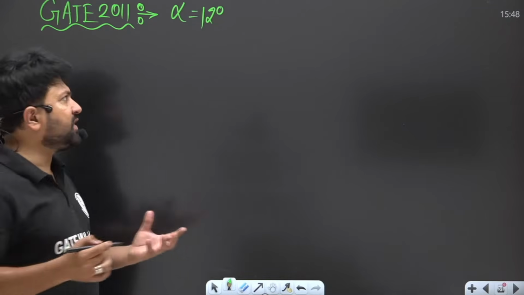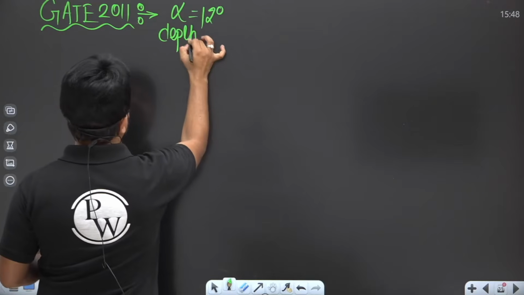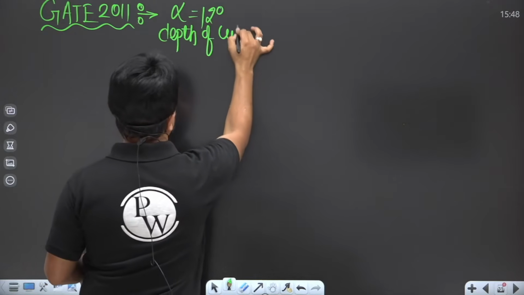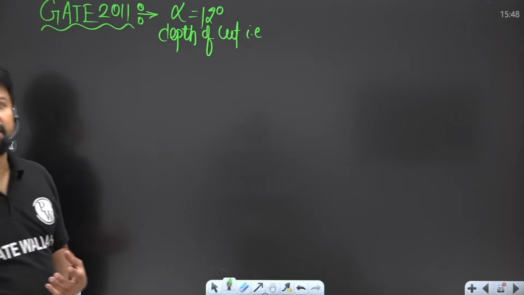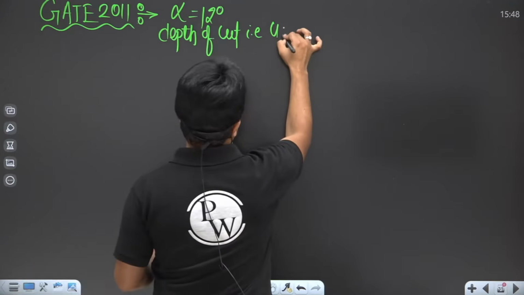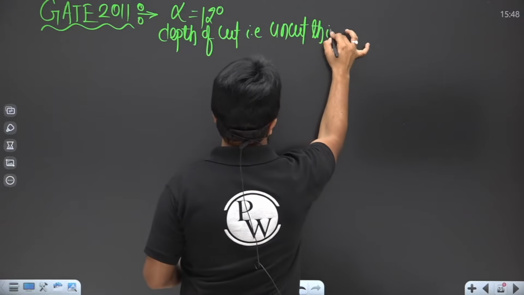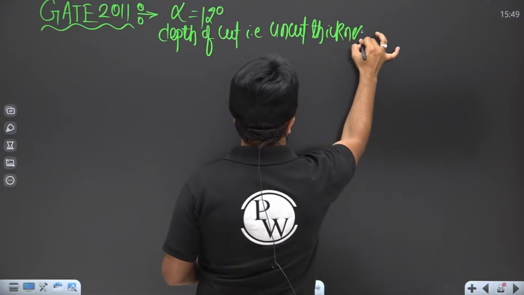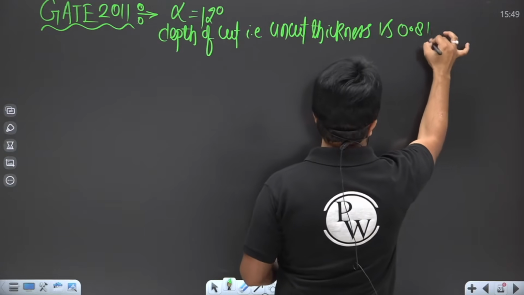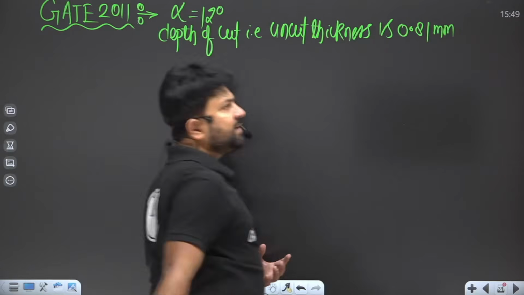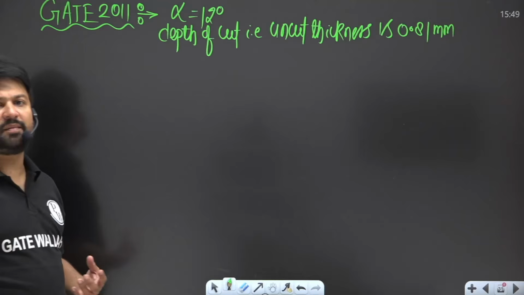The depth of cut, that is the uncut thickness, is 0.81 mm.